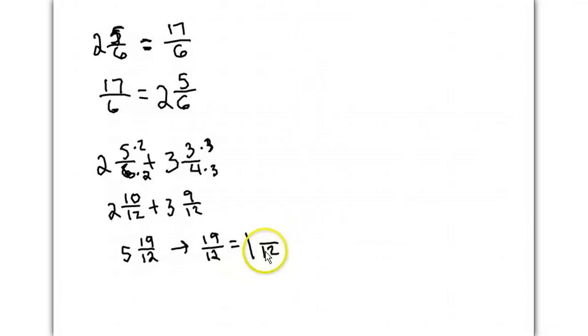When you multiply 1 times 12, that gives you 12. And what do you have to add to 12 to get 19? That's 7. So 19 over 12 converts to 1 and 7 over 12. So what you really have is a 5 plus 1 and 7 over 12. The reason why it's plus is because the 1 is positive. So this will give you 6 and 7/12.